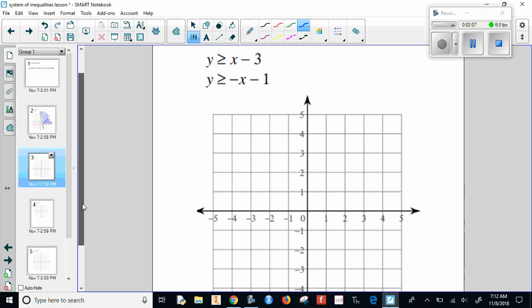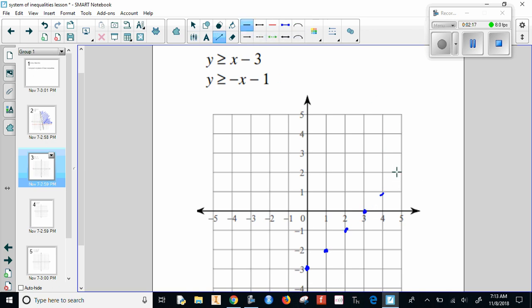Y is greater than or equal to x minus 3. X minus 3, we're going up 1 over 1. And so I'm going to draw this. So we got to do greater than. So I'm going to do a quick little shade on the top half here.